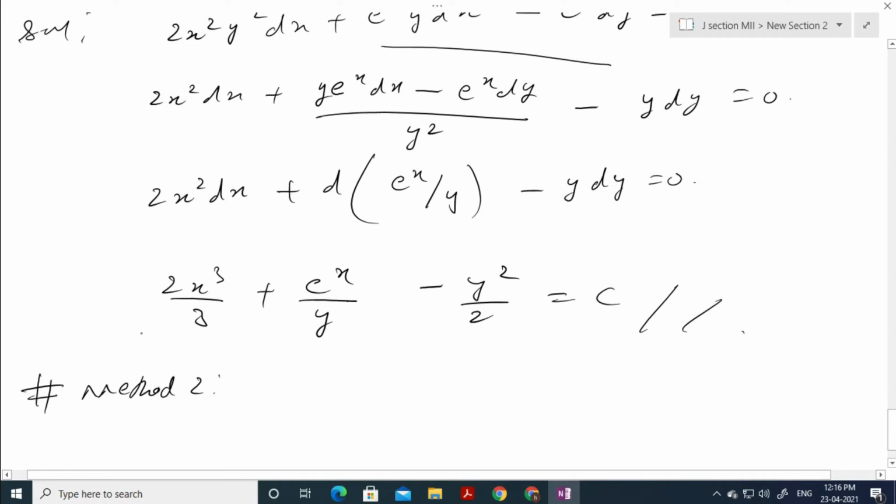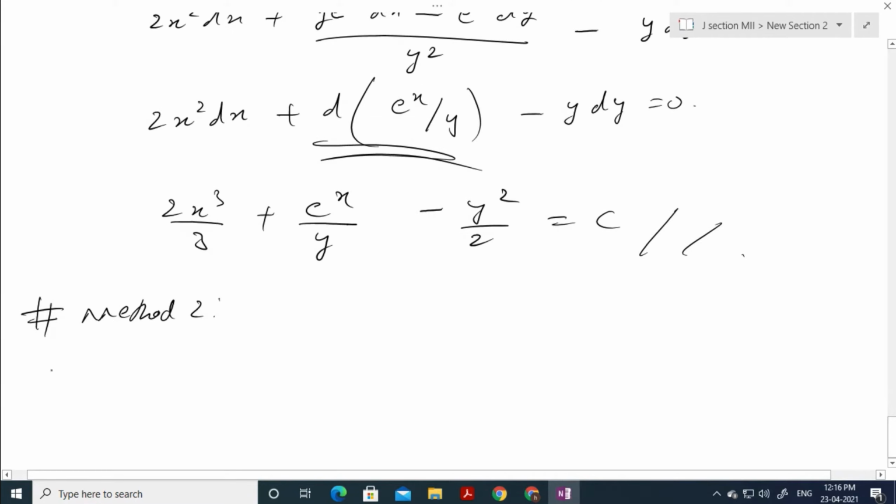First method is just by inspection. You should have an idea about writing these things in this form so that you can integrate and get the result. Now let us see the second method. For the second method, you have some conditions. Two conditions are there. First condition, suppose m dx plus n dy is equal to 0 is a homogeneous differential equation.